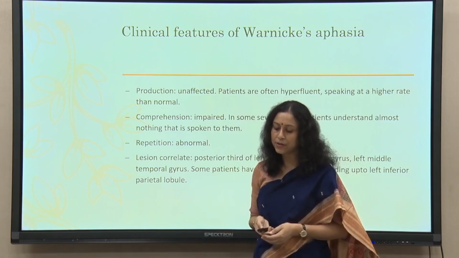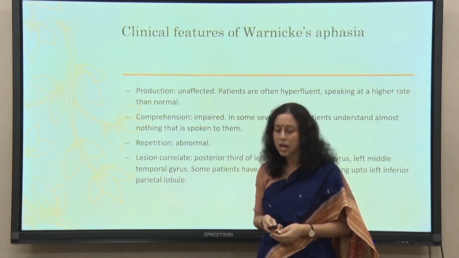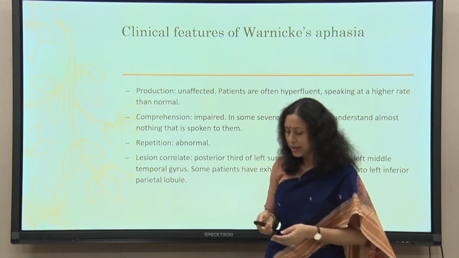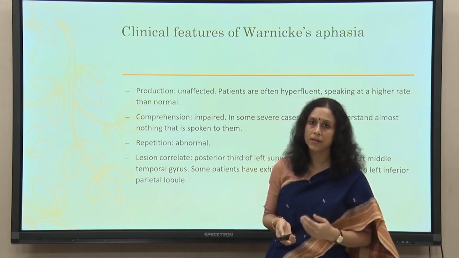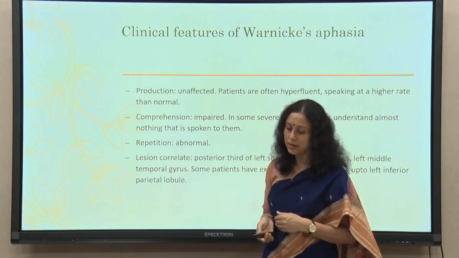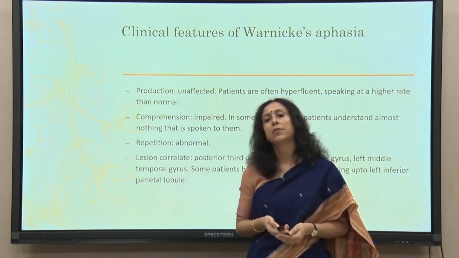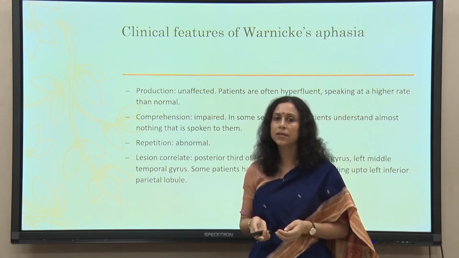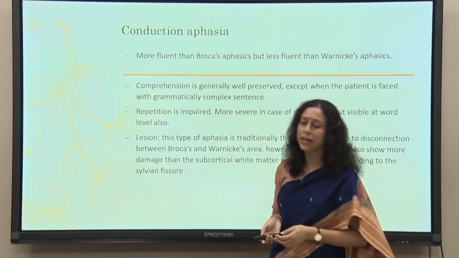Sometimes some patients have also exhibited lesions extending up to the left inferior parietal lobule as well. So, there are some areas which are typically found to be affected. The lesion sites will occur in most cases in the left superior temporal gyrus, but this is not universal. Some patients do show some extended damage as well.